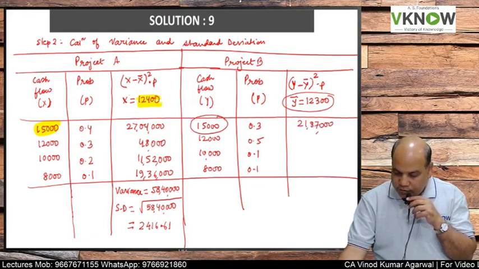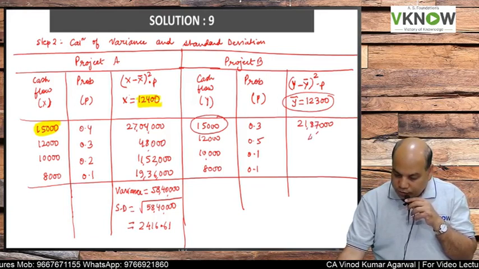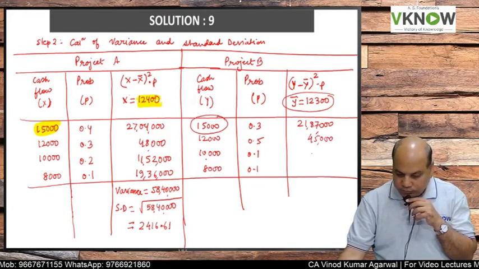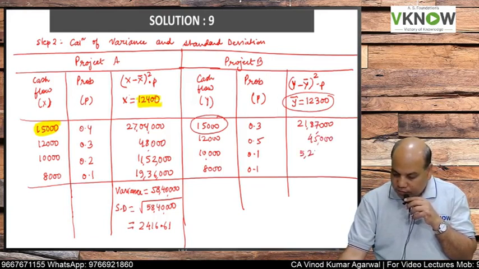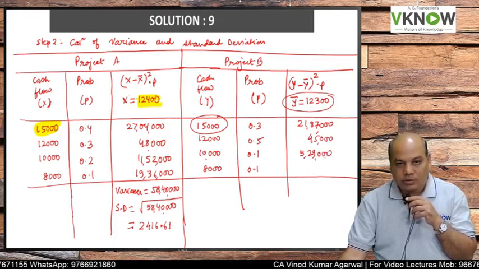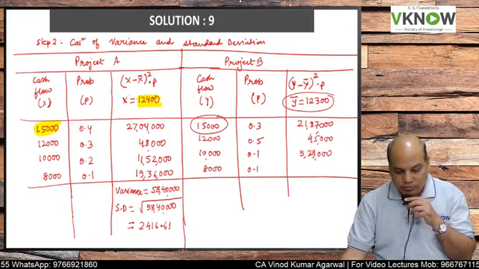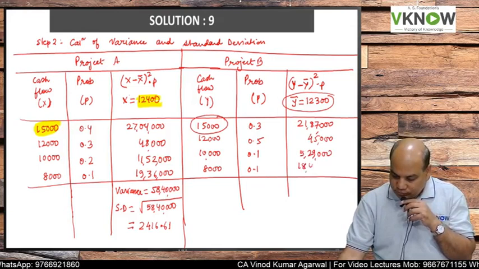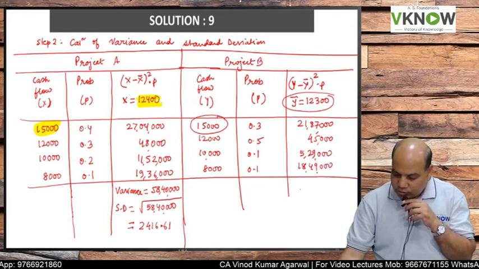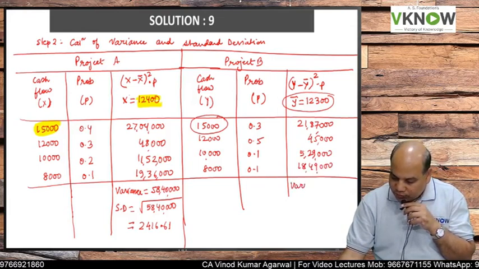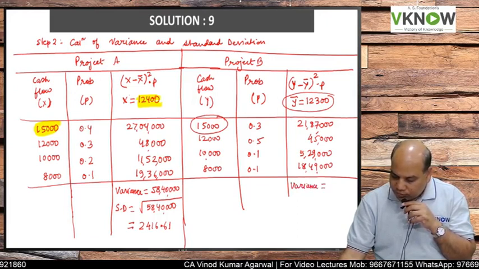21,87,000. Wonderful. Next. 45,000. Very good. Next. Do the calculation and then tell me. Is right. Okay. Next one. 18,49,000. Total. This total is called variance.